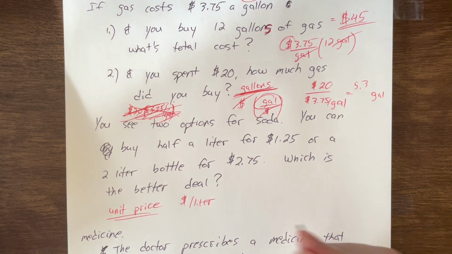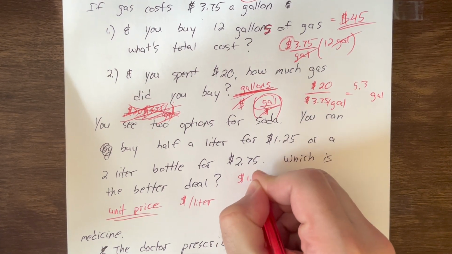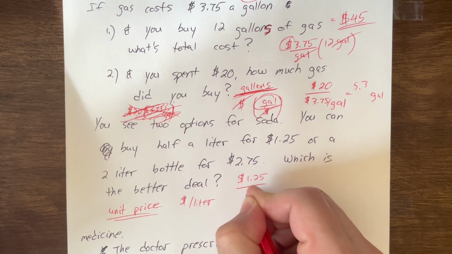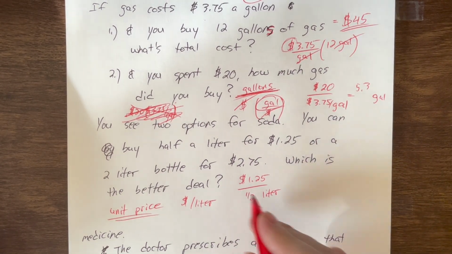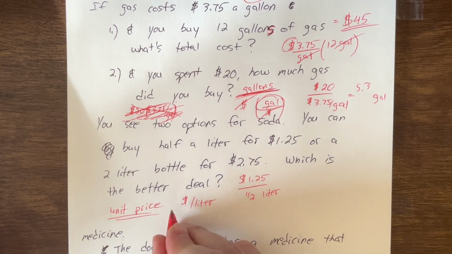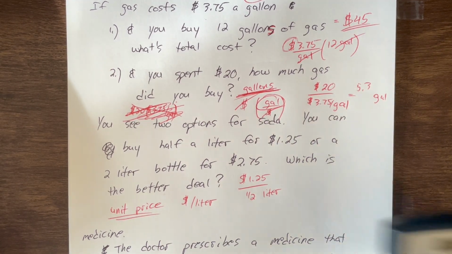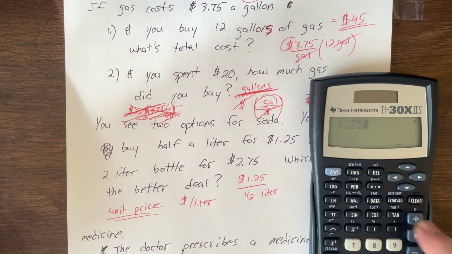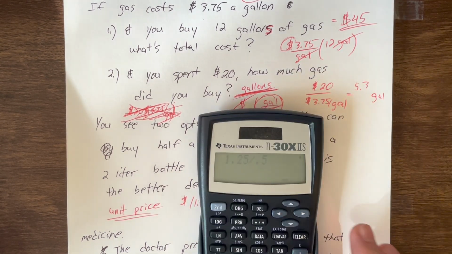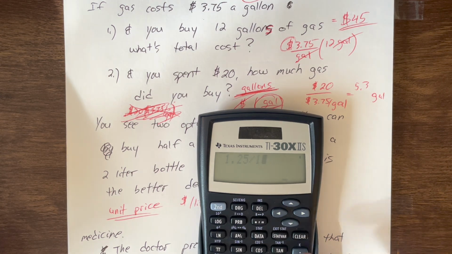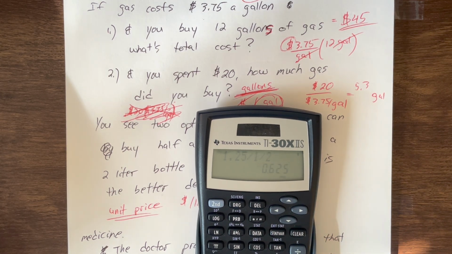So in my first situation, I'm spending $1.25 for 1/2 of a liter. Nothing cancels here, so my units are dollars per liter, like we said, and I'm going to do the work. 1/2 is 0.5. If you enter it as 1/2, that works too.